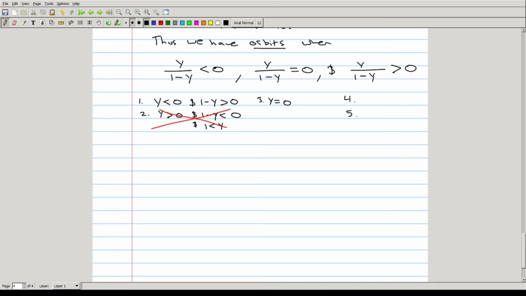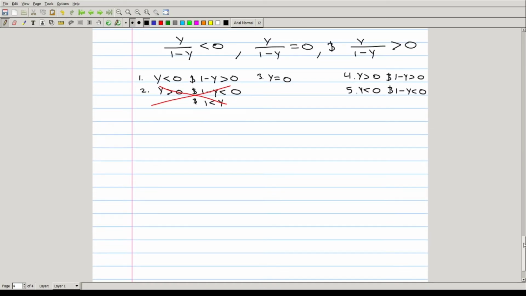So the third possibility is that this has to be strictly greater than 0, which will happen when either y is greater than 0 and 1 minus y is greater than 0, or when y is less than 0 and 1 minus y is also less than 0. So it looks like this is giving us 4 possible orbits, and sure enough, this is exactly what we have.